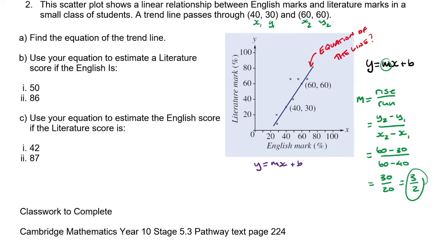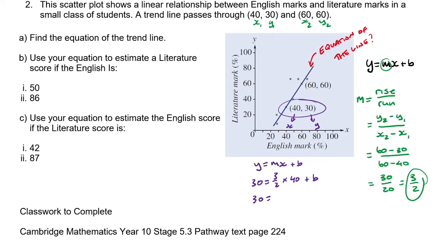So let's pick a point. Let's just pick, say, this point. All right. And we'll substitute some values in. We know that y equals 30 in this. We know our gradient is 3 over 2. We know that x is 40. But we don't know what b is. Okay, so now we can keep going.